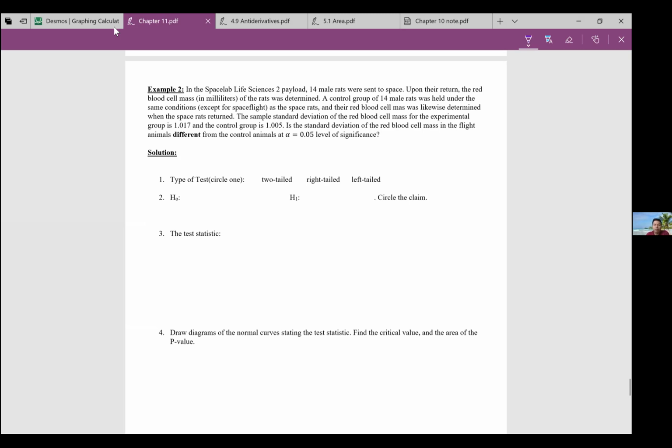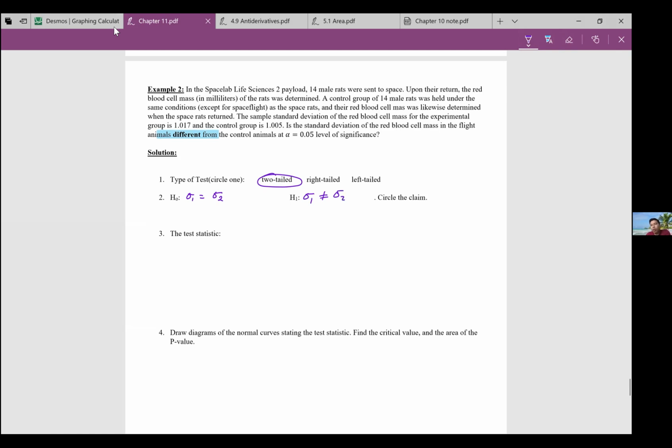Okay, which one? Two tail, right tail, or left tail? Two tail, right? Very clear message right there. It's two tail. Thank you. All right, so we know it has to be two tail. So the null hypothesis is sigma 1 equal to sigma 2, and the alternate hypothesis is sigma 1 does not equal sigma 2, right?